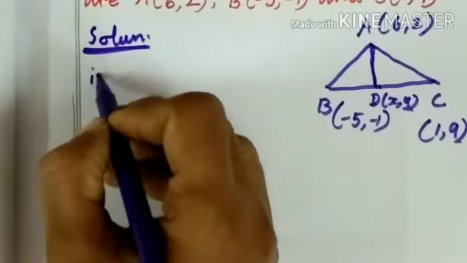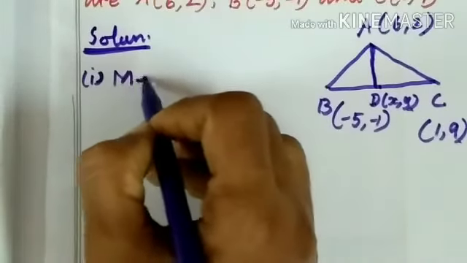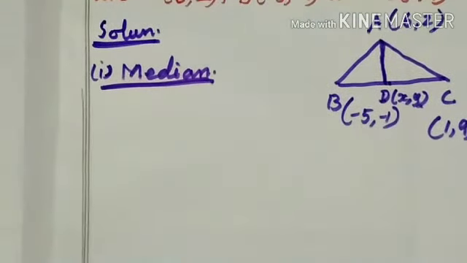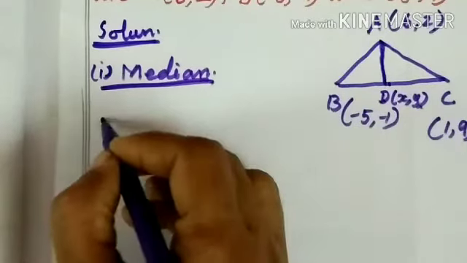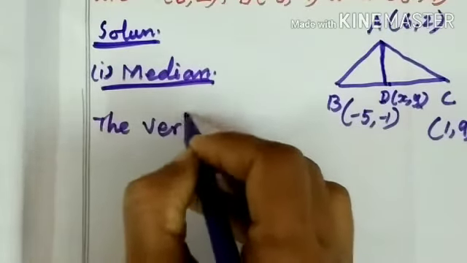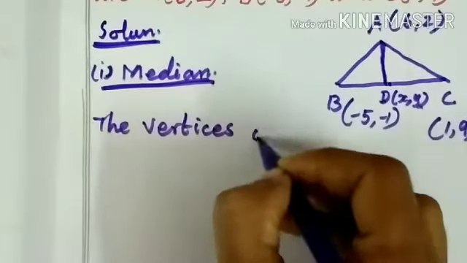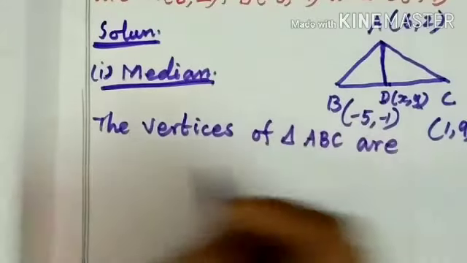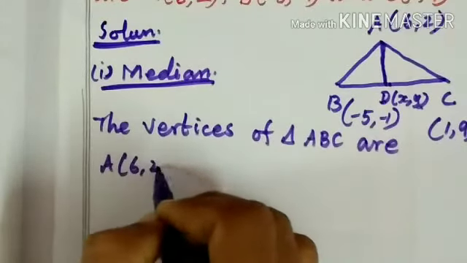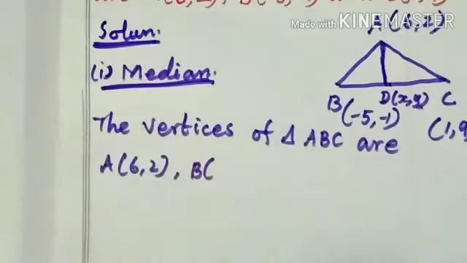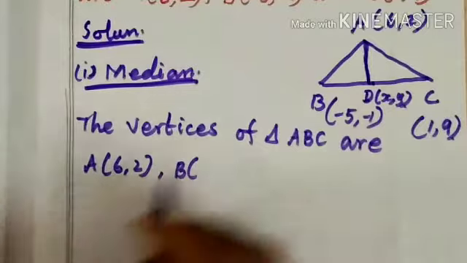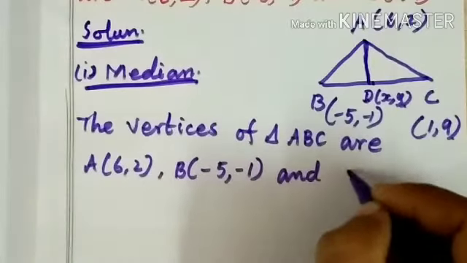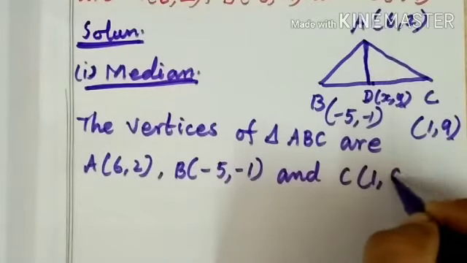First we have to do the solution of the median. Take down and write the given points. The vertices of triangle ABC are A (6, 2), B (-5, -1), and C (1, 9).